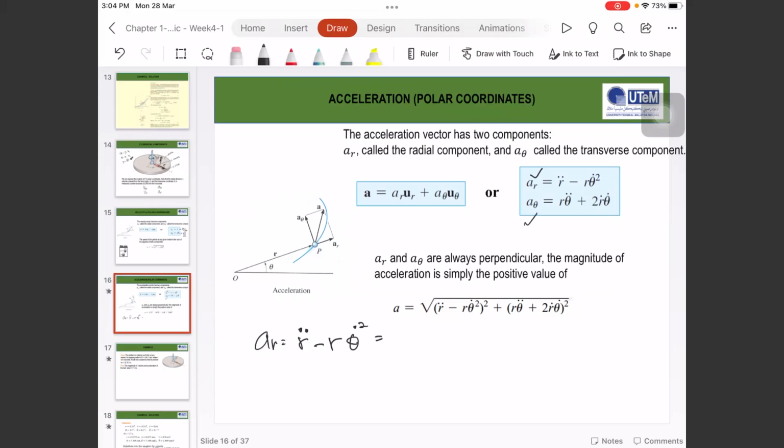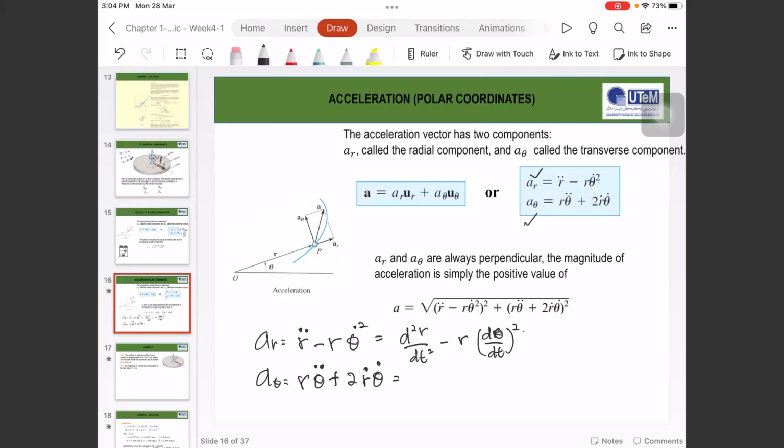Okay, dari segi panjangnya adalah d squared R over dt squared minus R dr over dt, d theta over dt. So A theta is R theta double dot plus 2 R dot theta dot.